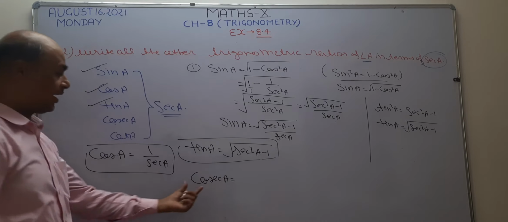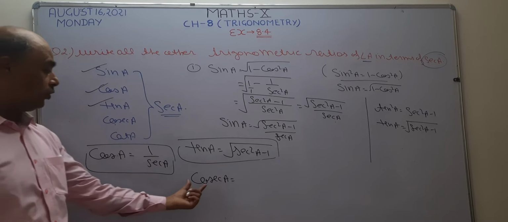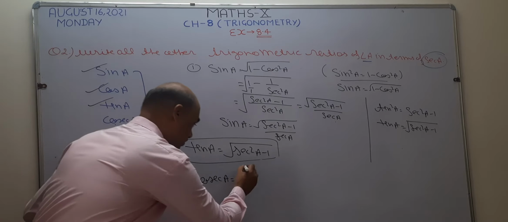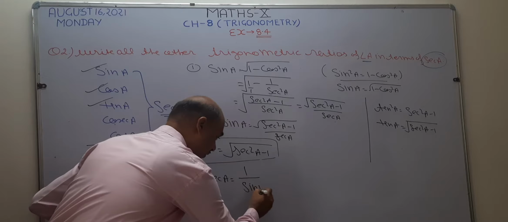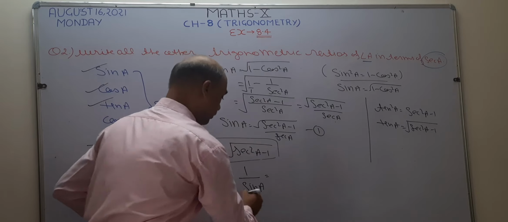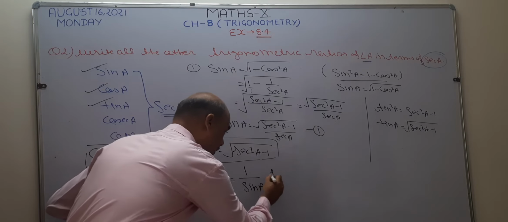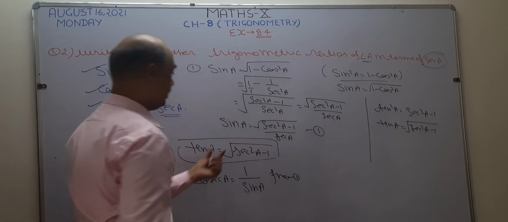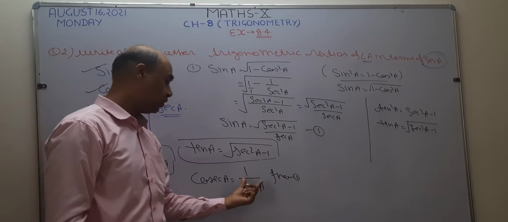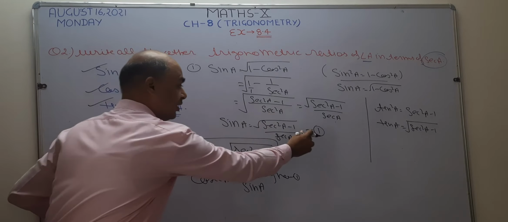Cosec A. I write here cosec A. You know the reciprocal of cosec A. What is the reciprocal of cosec A? 1 by sin A. Write here 1 by sin A and take it number 1. After that, from 1, sin A can be written as root of secant square A minus 1 upon secant A. So instead of sin A, I want to write this value by using 1.